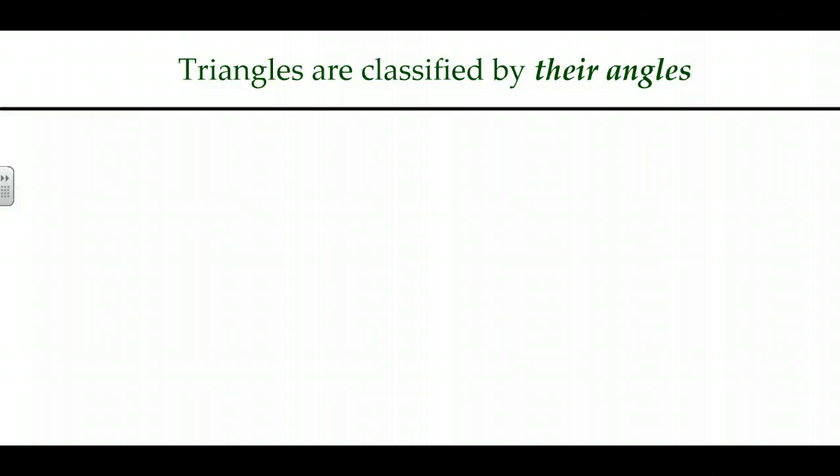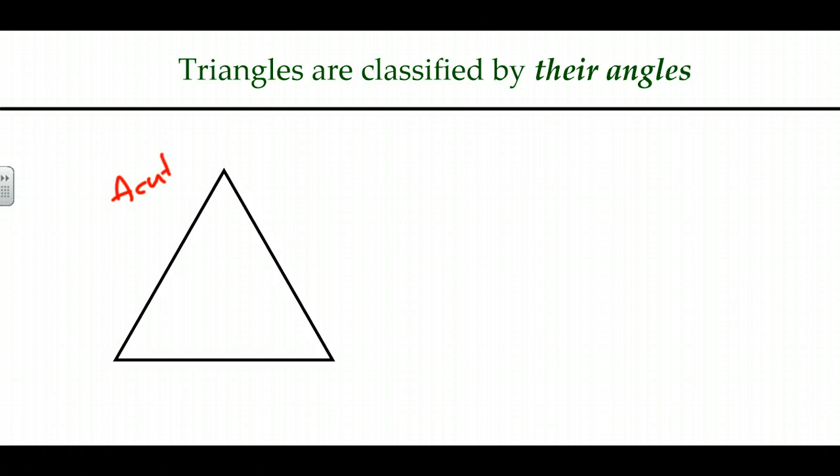So, as we said, triangles are classified based on their angles. Any triangle that has only acute angles, such as this one, is called an acute triangle. All acute angles.